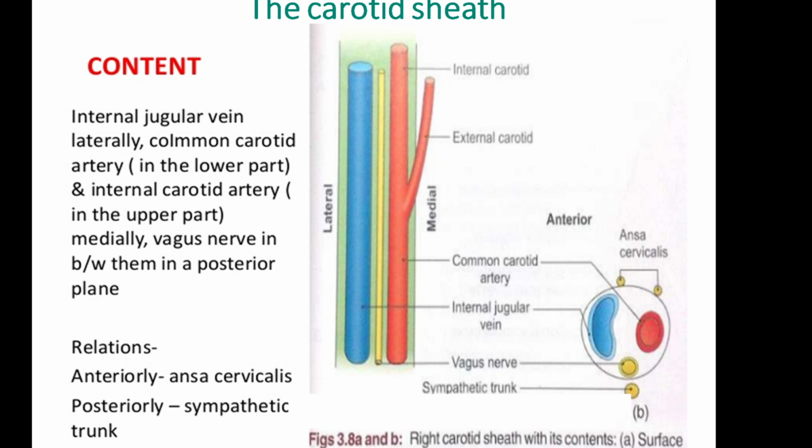Medially, vagus nerve in the posterior plane. And relations: anteriorly ansa cervicalis, posteriorly sympathetic trunk. The relation of the structures of the carotid sheath.